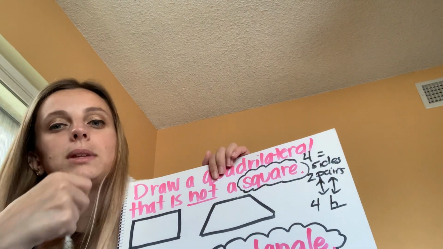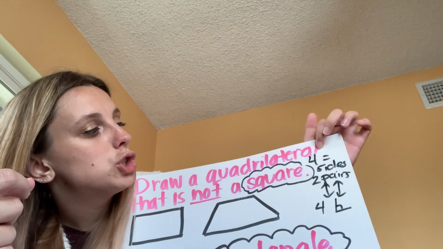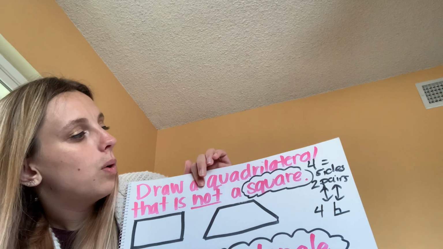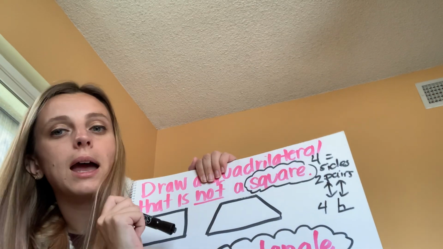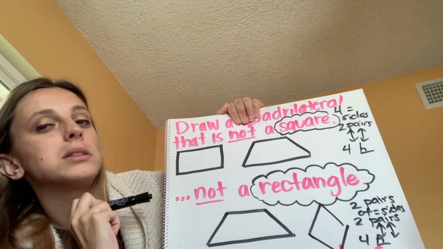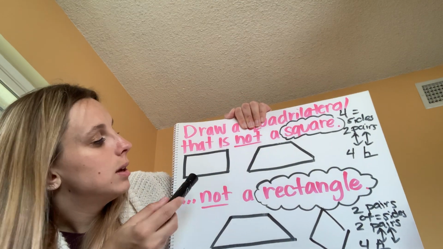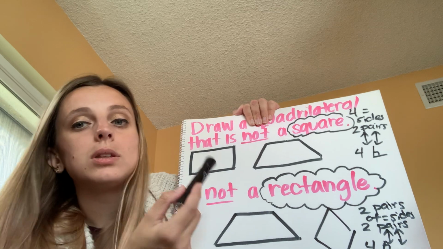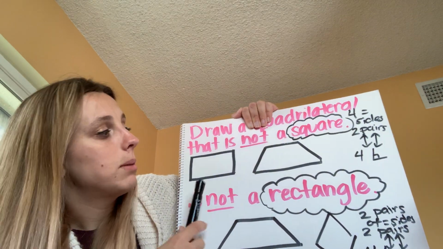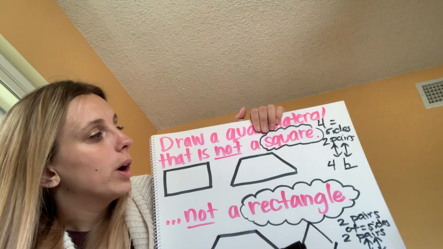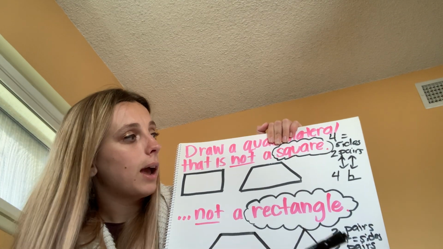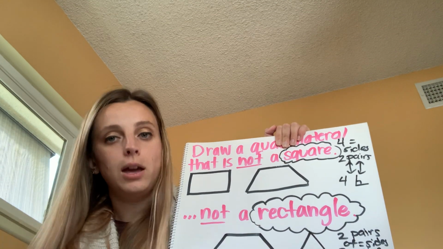If I want to draw something that's not a square, all I have to do is change even one of those descriptors. Because a square has 4 equal sides, I might draw a shape that has less than 4 equal sides. A rectangle does have equal sides, but it's only equal to the opposite side. So I might draw a rectangle. Or if I want to change how many parallel lines it has, I can take it from 2 pairs of parallel lines to 1 set of parallel lines and draw a trapezoid.